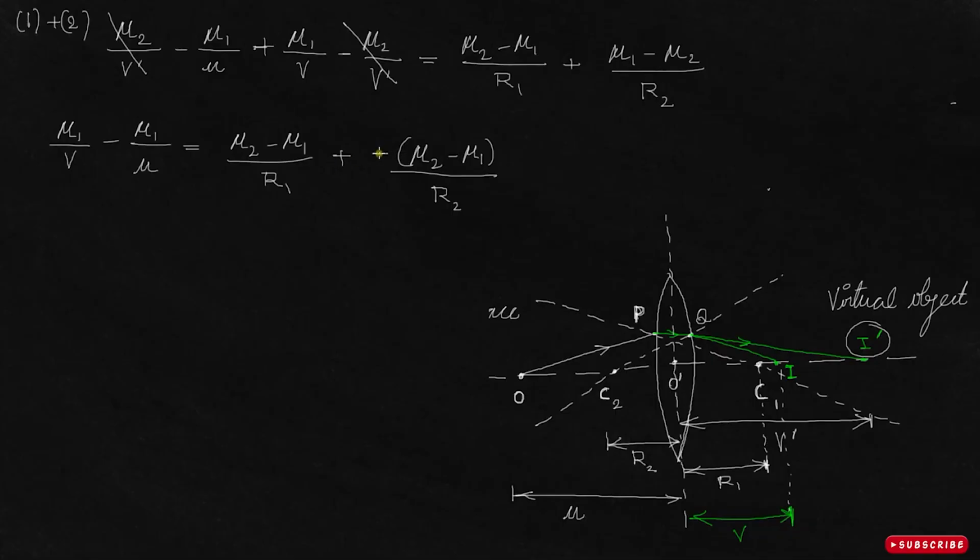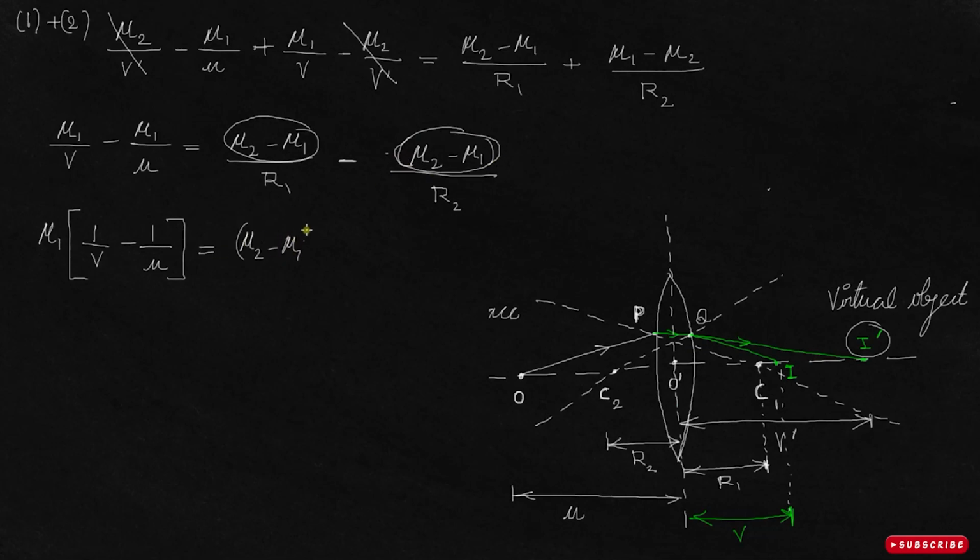Okay, and this minus and plus will become negative again. So let me erase this and this part becomes negative. Minus and plus will become minus. And if I take mu1 out, mu1 times 1 by V minus 1 by U. Here the mu2 minus mu1 term is common, so I can take that out. Mu2 minus mu1. Now what is left is 1 by R1 minus 1 by R2.